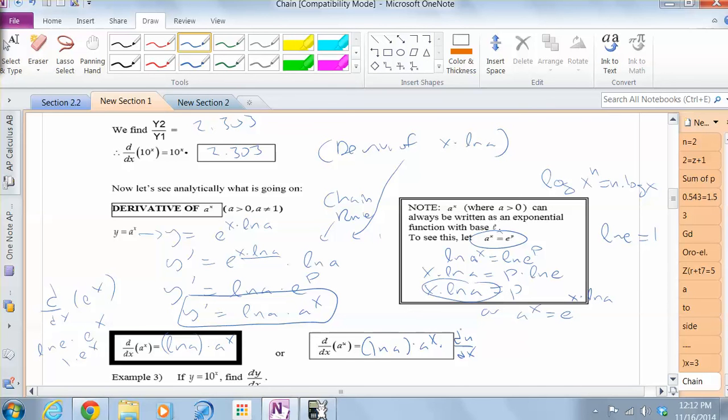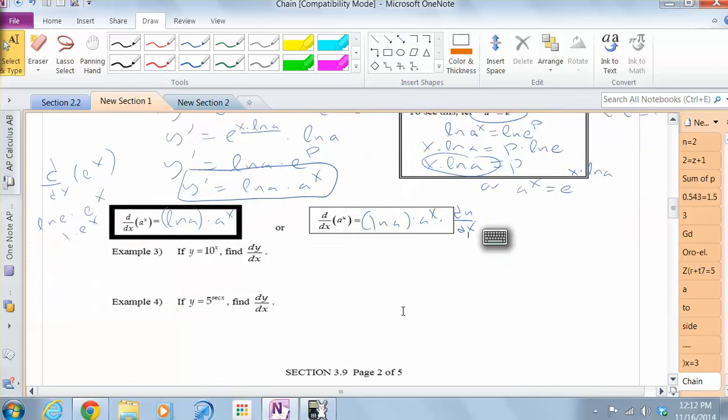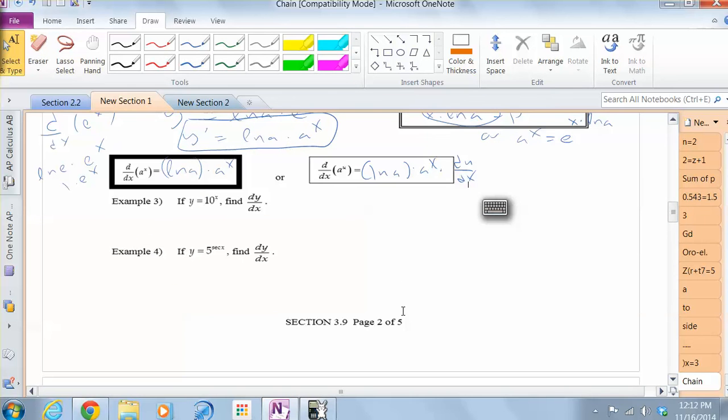So if you look at some of these examples, like y equals 10 to the x, y prime will be 10 to the x times the natural log of 10. Natural log of 10, by the way, was 2.303, which is what we saw when we did this graphically, right? And by the way, natural log of 2 is 0.693, which we saw on the first page.